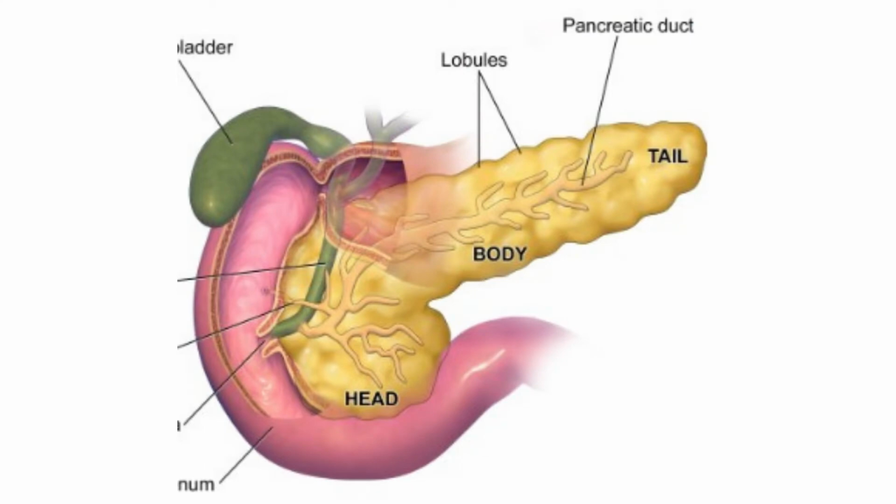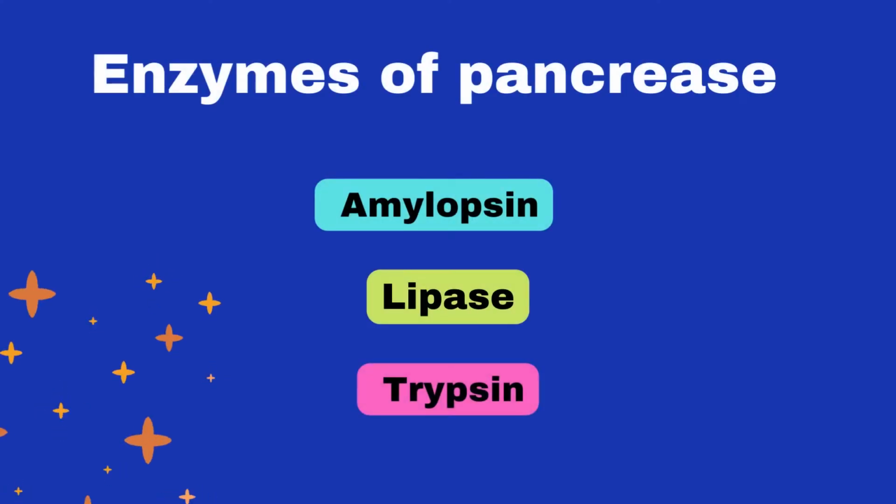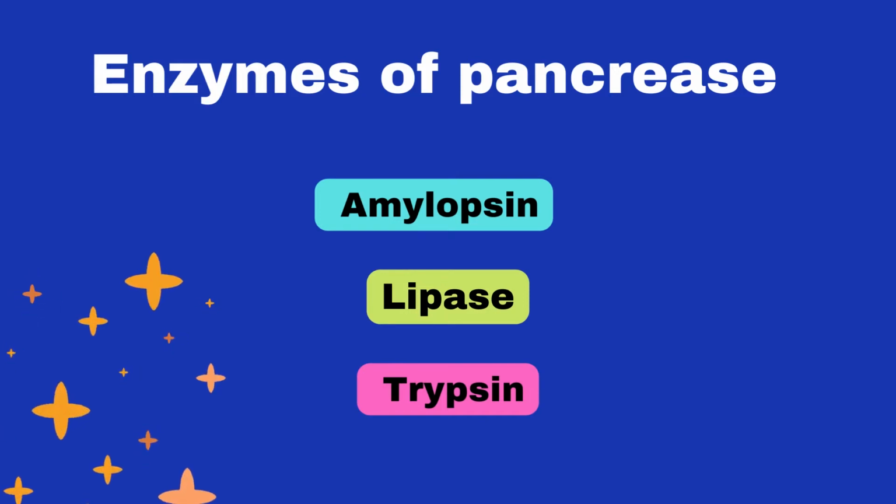Here you can see pancreas. We have discussed in detail pancreas and liver in previous lecture. Pancreas produces enzymes and liver produces bile. Enzymes of pancreas are amylopsin, lipase, and trypsin.